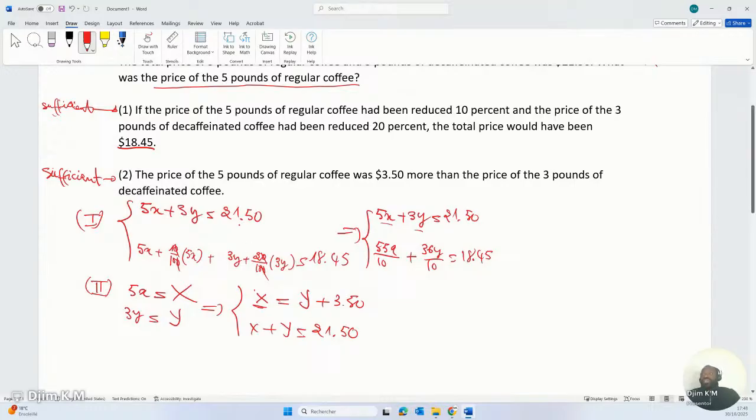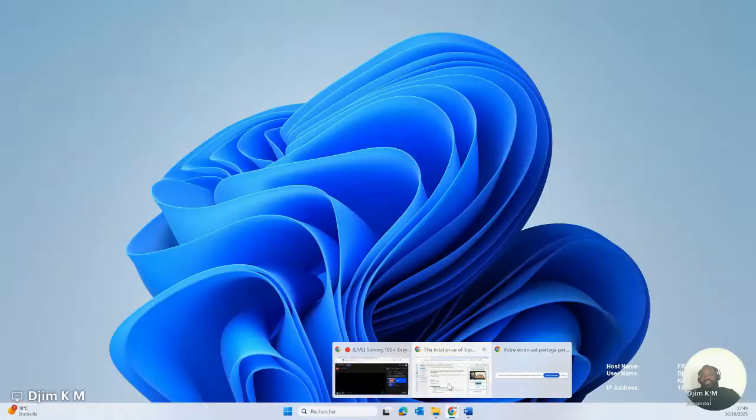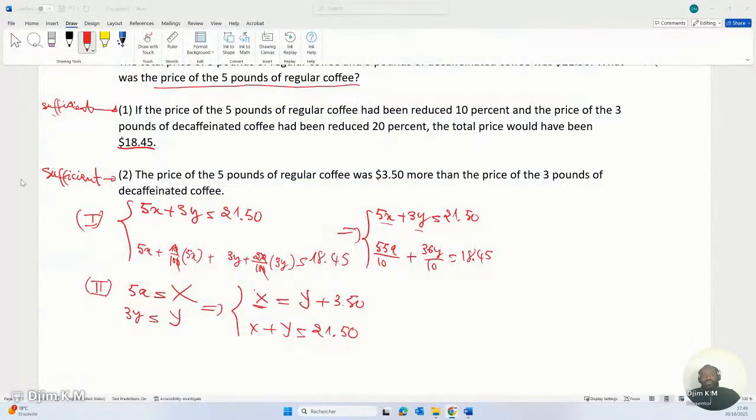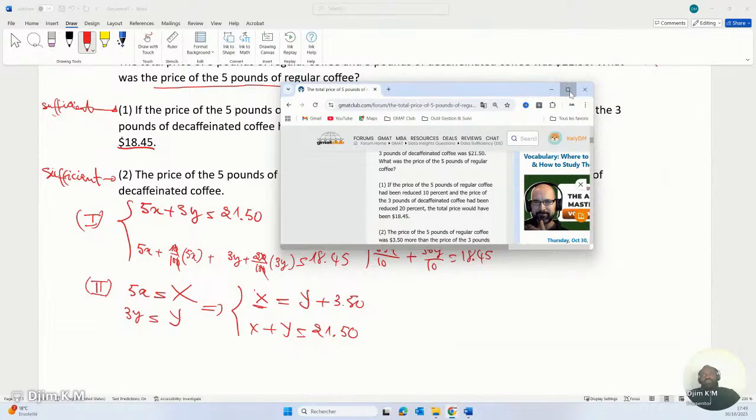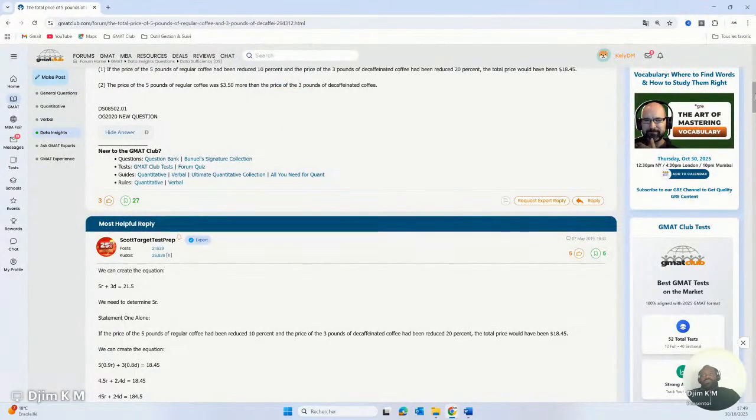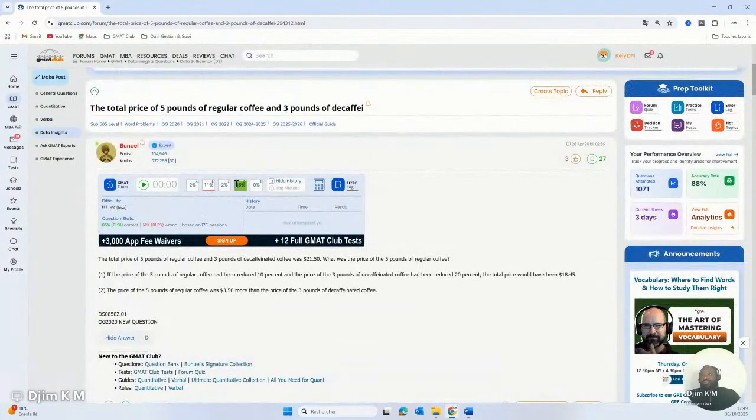So each condition alone here is sufficient to find the solution. So the answer to the question is answer D. So if I come here, I see that answer D here.